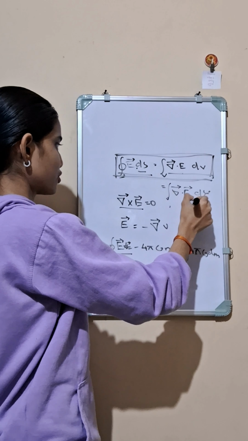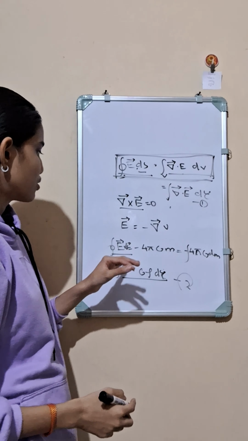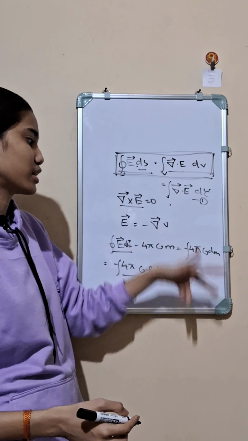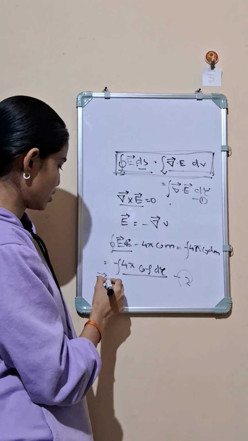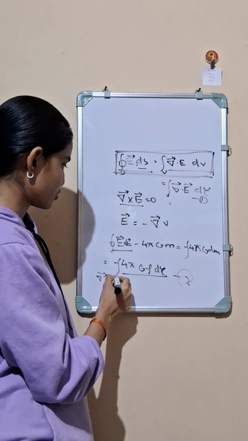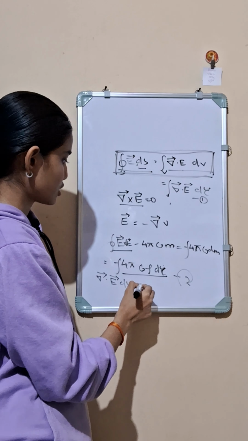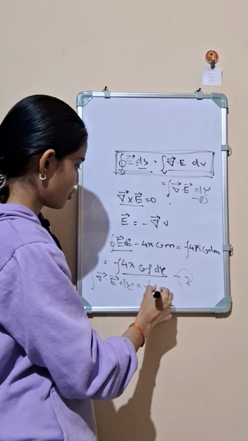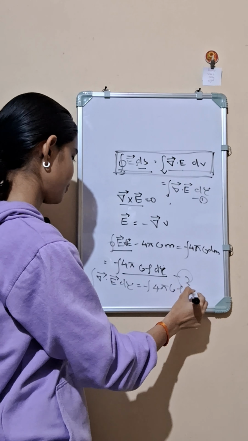From these equations we see that the left hand side is the same, so the right hand sides are equal. So we are left with the divergence of the field vector equal to minus 4 pi G rho d tau.